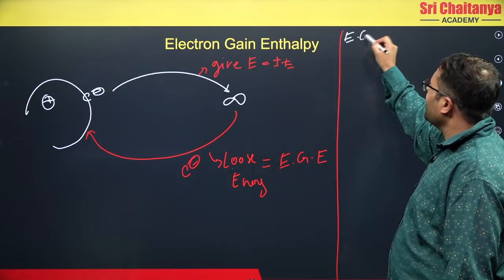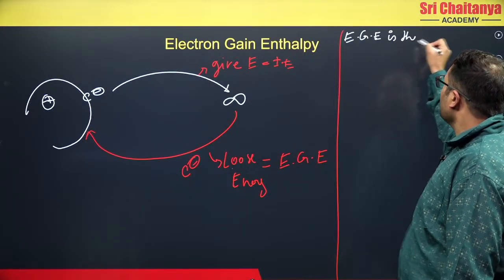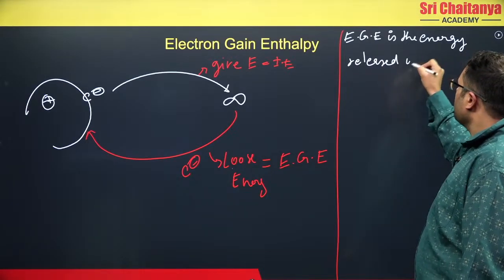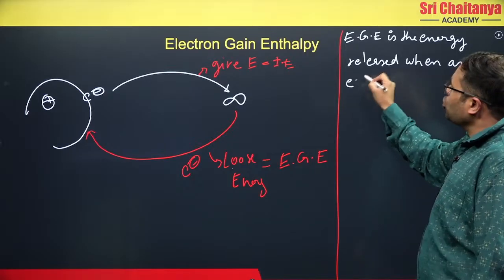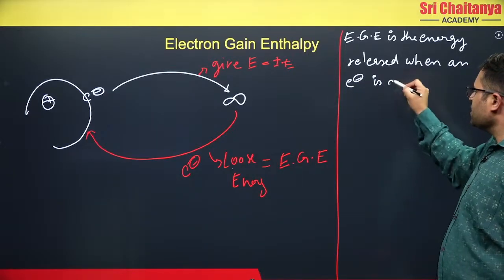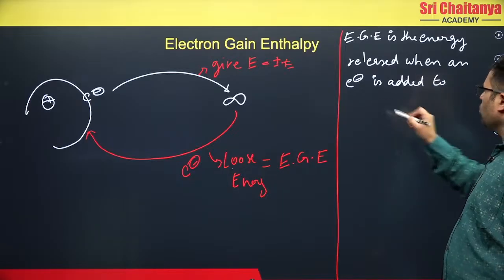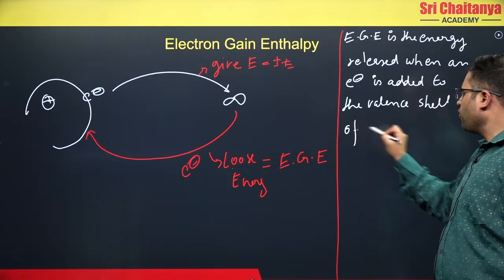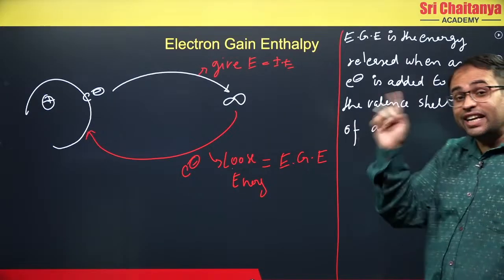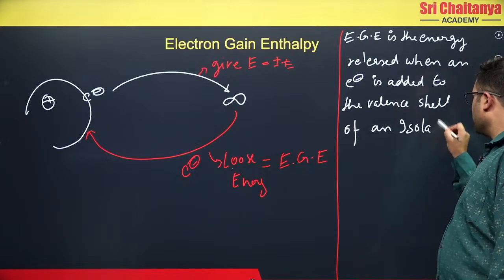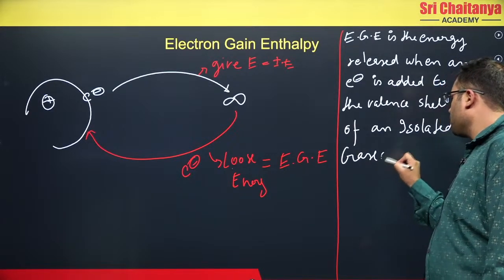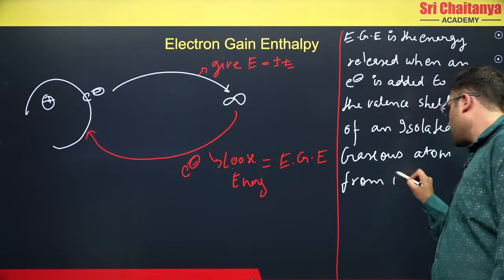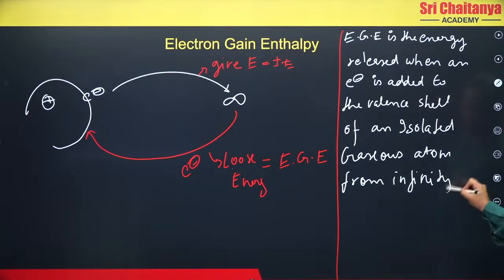Electron gain enthalpy is the energy released when an electron is added to the valence shell of an isolated gaseous atom from infinity.